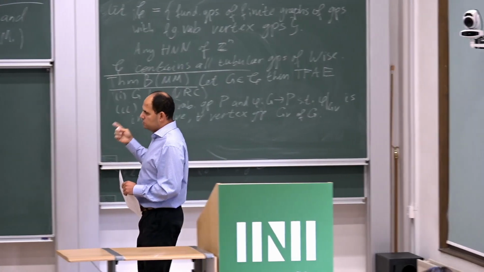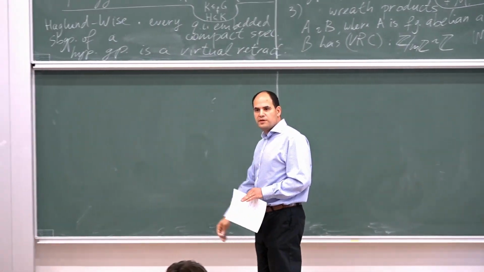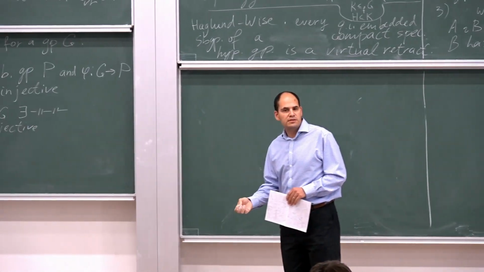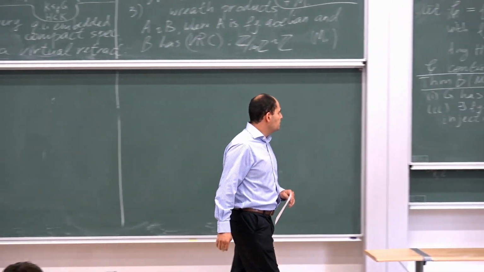So basically, you just need to look at the vertex groups. In fact, it's enough to show that each vertex group individually is a virtual retract, which is the same thing.